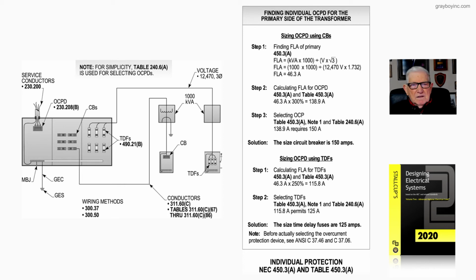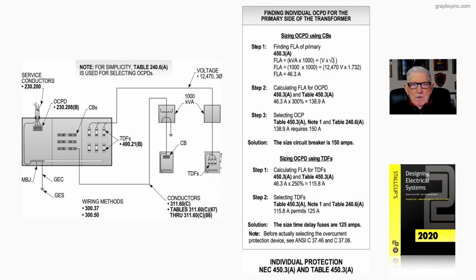Now, if we should use fuses, step 1, calculating the full load current for time delay fuses, 450.3(A) again, and table 450.3(A), we would take the 46.3 amp primary full load current rating times 250% for a fuse, again, which we selected from table 450.3(A).